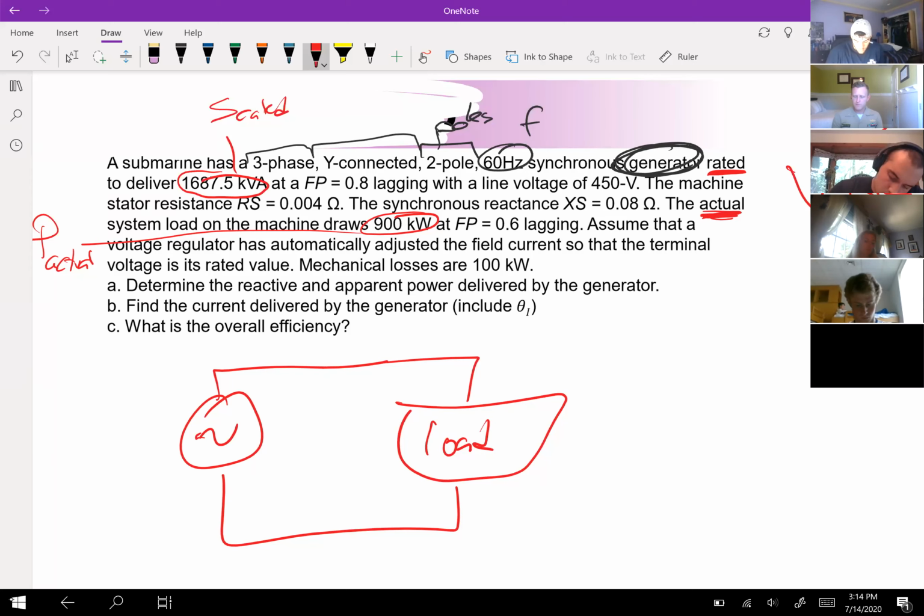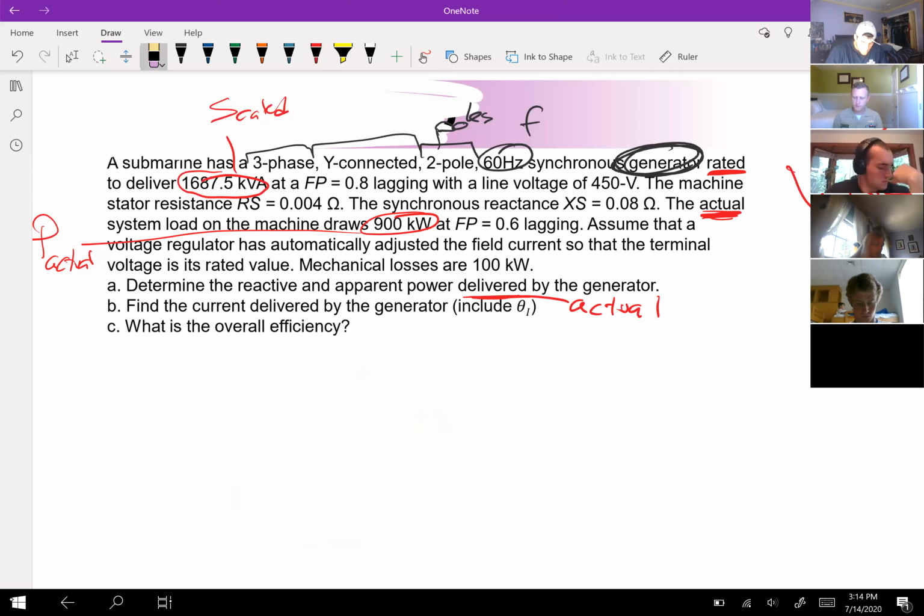So it says determine the reactive and apparent power delivered by the generator. That means if it's the power delivered, this would be the actual. And I think this one is even a little poorly worded. It could say actually delivered by the generator, but it would use the word rated to deliver if we were looking at what was rated to deliver.